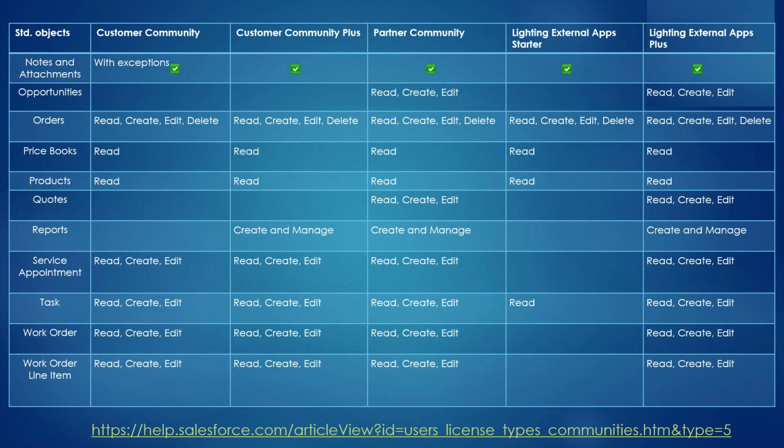So it means the customer community is a subset of customer community plus, and customer community plus is more or less equal to the partner community. When you are reading this, just keep one thing in mind. For partner community, the main distinguishing factor from other communities is lead, opportunity, campaigns, reports and dashboards.